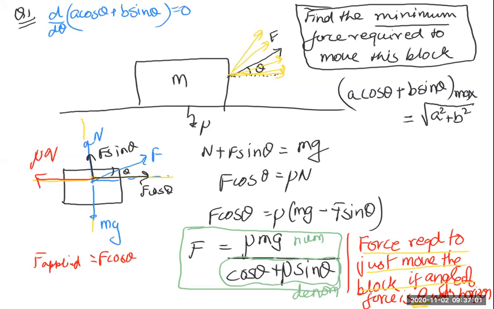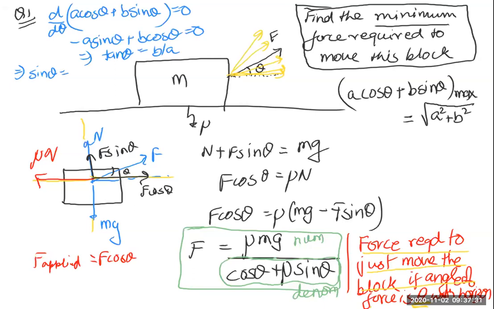And what this means is that minus a sin theta plus b cos theta is equal to 0. And this means that tan theta is equal to b upon a. And if tan theta is equal to b upon a, then this means that sin theta will be equal to how much?